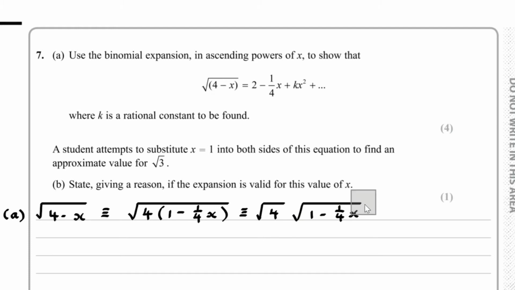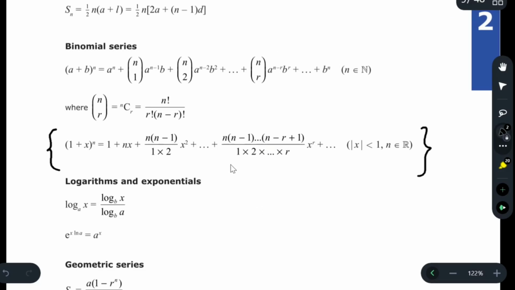So we need to simplify all this, and it turns out when we do simplify it, the square root of 4 is 2, and then here we've got 1 minus 1 quarter x to the power of 1/2. So now we need to find the binomial expansion for this, which is given by this result here.